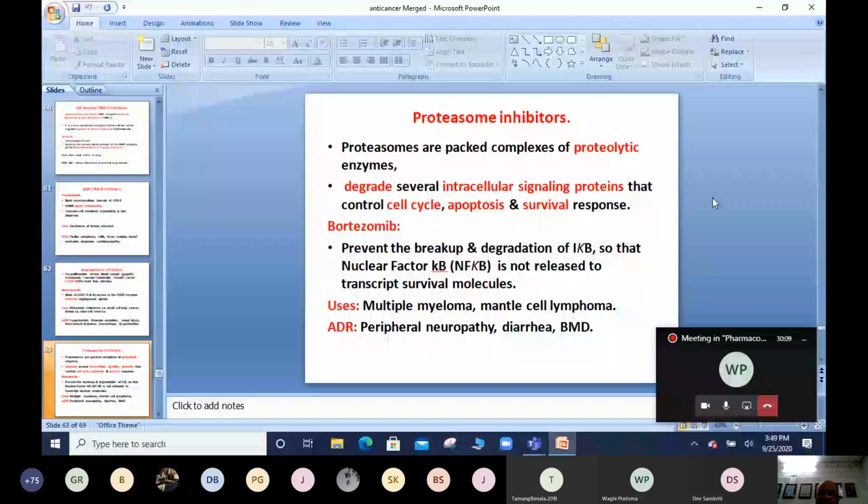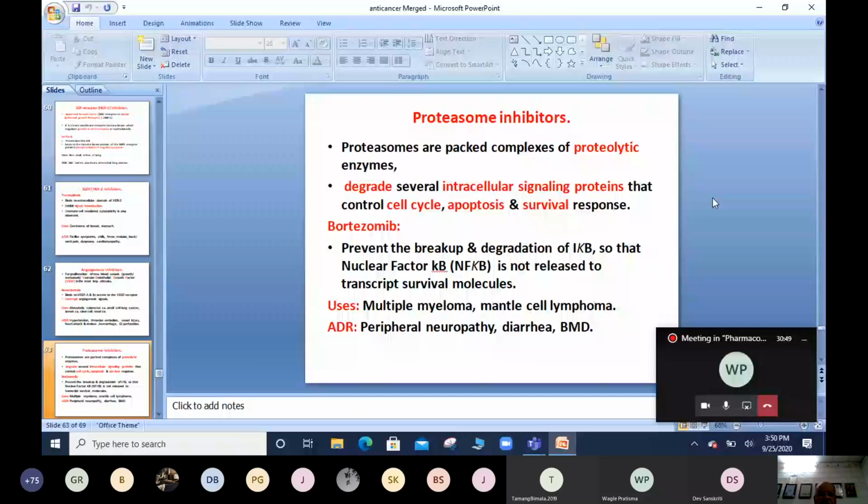What do these intracellular signaling proteins do? They control the cell cycle, apoptosis, and the survival response. So these are the proteasome inhibitors.